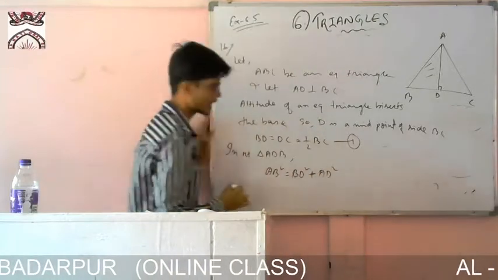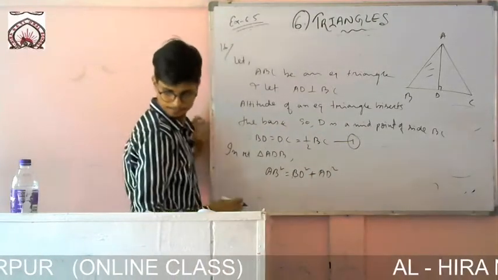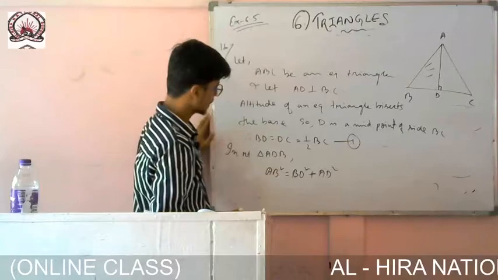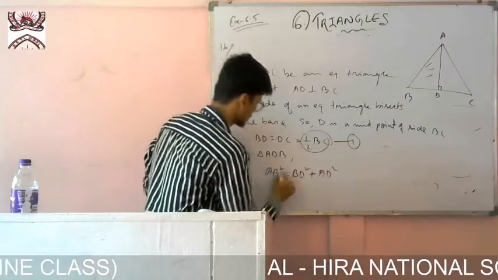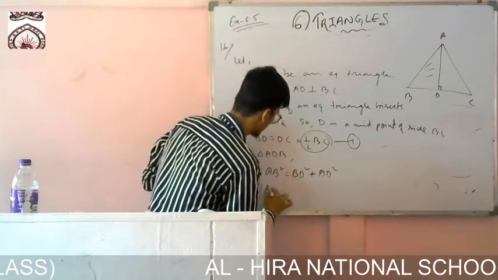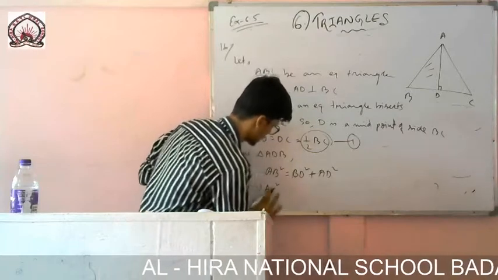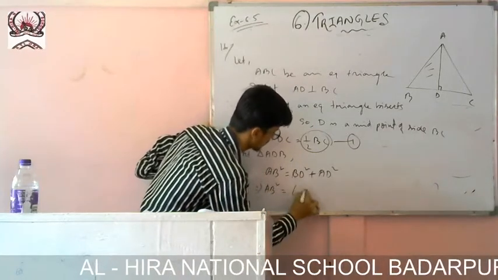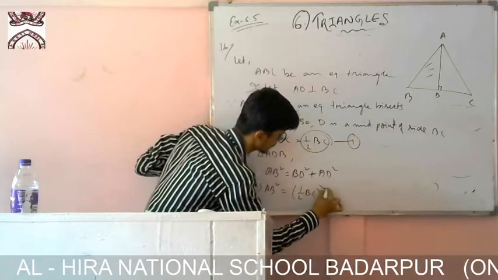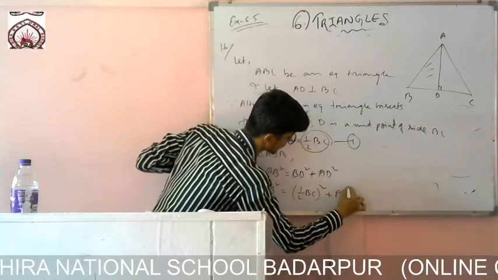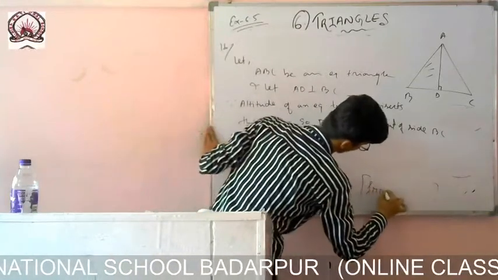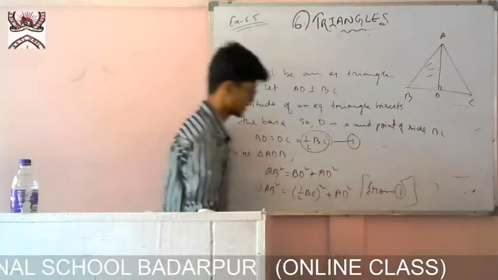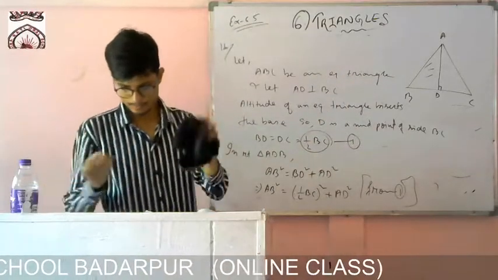And BD, what is the value? It is half BC. So AB square is equal to half BC square plus AD square, from 1. Okay, half BC square from 1.